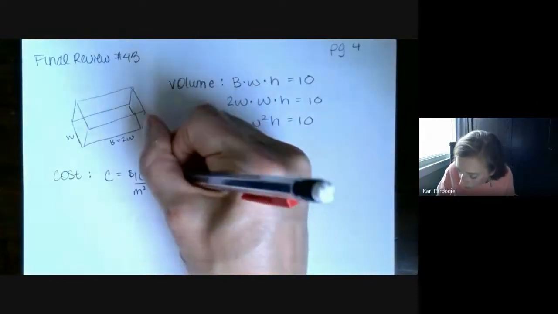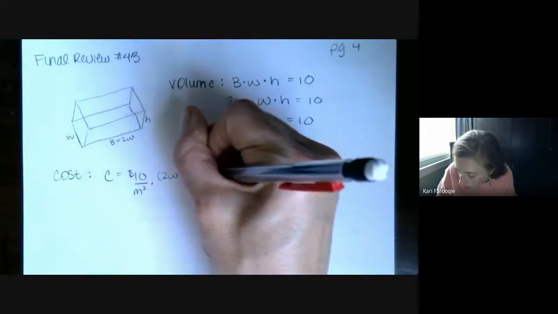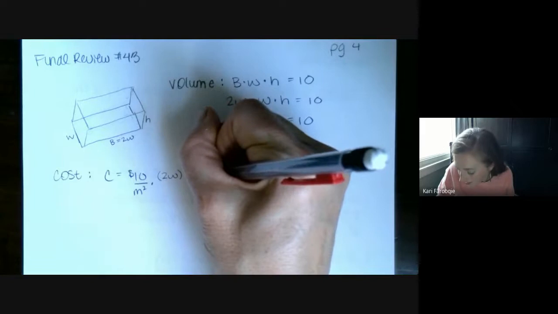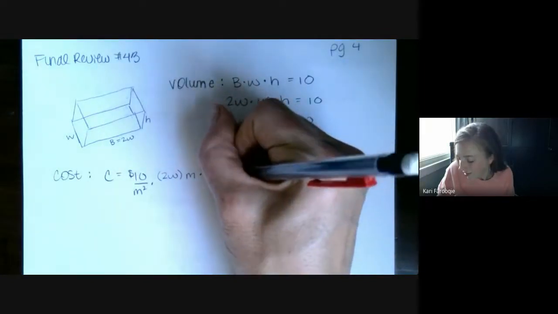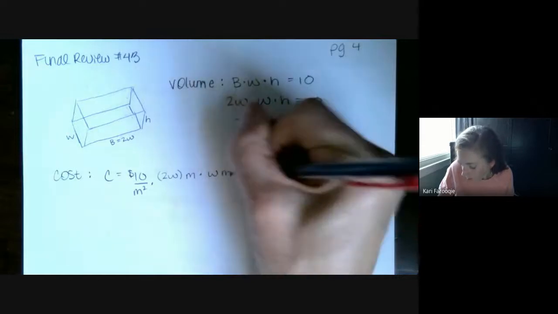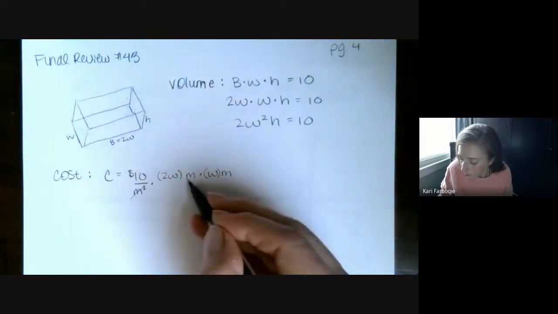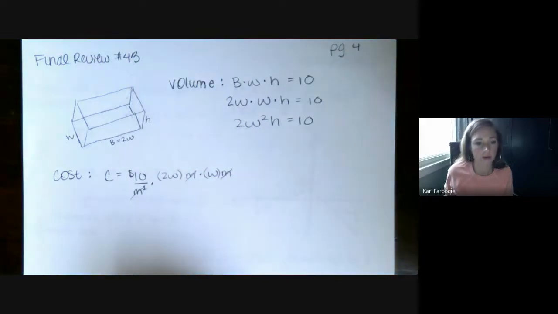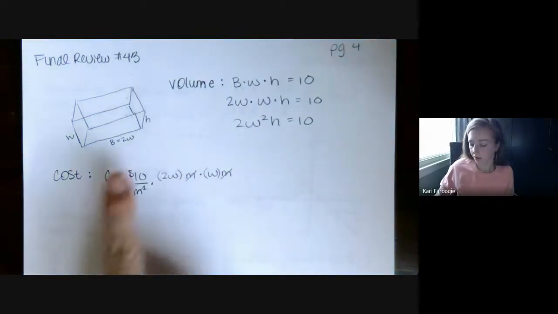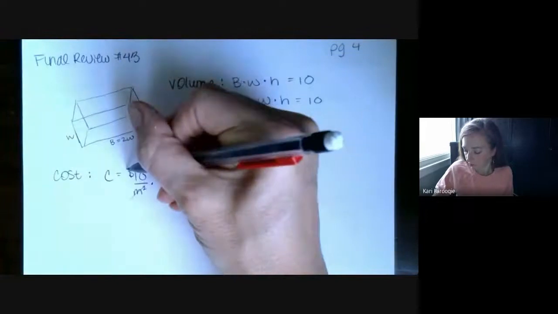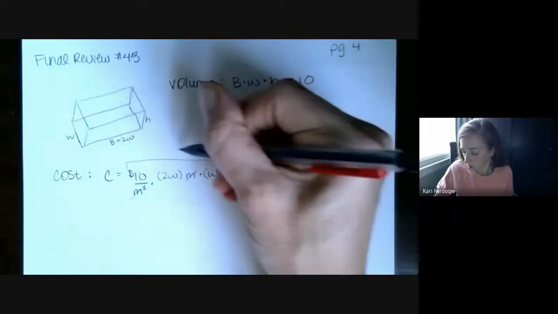So it's going to be 2W meters by W meters. And then that's where your meters squared comes in. And then the meters squared cancels out with meters times meter. And that leaves you with just cost. So this is just for your base.